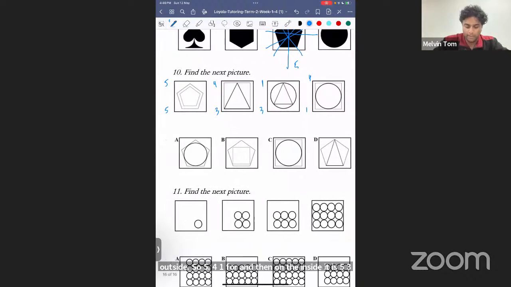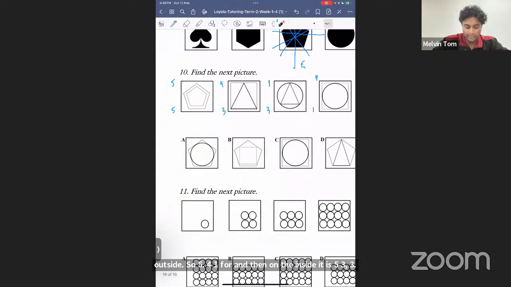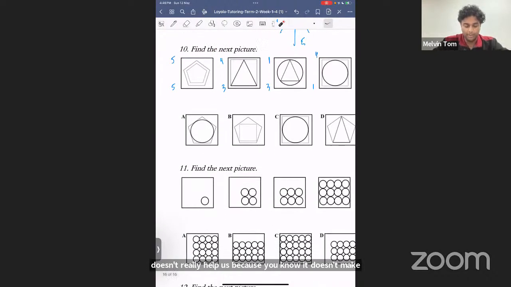All right. If we look across, do we see any pattern? -1, -3, +3. Doesn't make any sense. -2, -0, -2, -0, maybe. So another 1 in the inside, like A or C. But that doesn't really help us because it doesn't make sense for the outside shape.